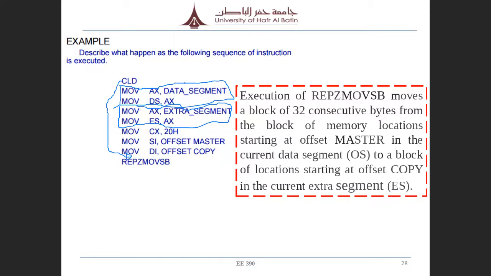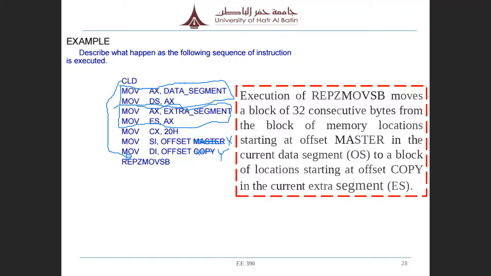Now move SI comma offset X, for example, master, meaning the old data location X, and move DI comma offset copy, meaning the new location with the name copy, for example Y.